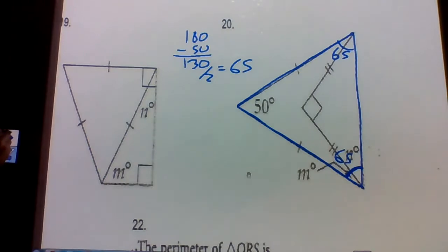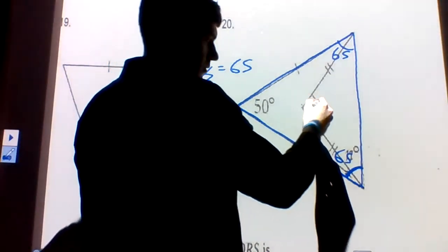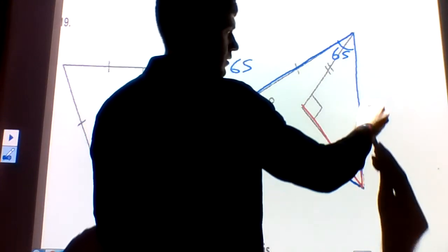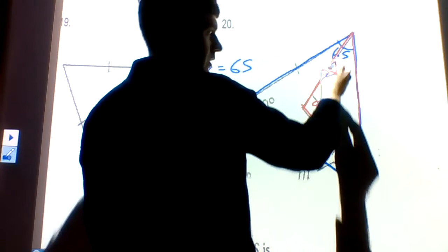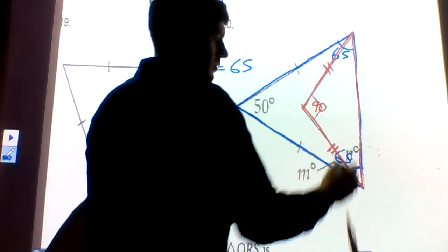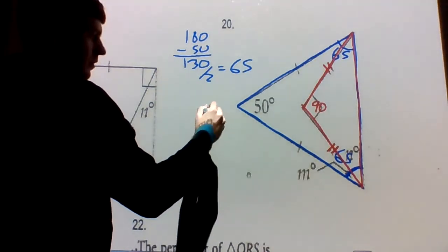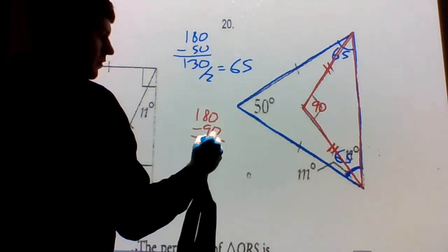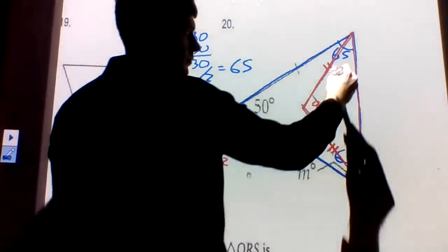Now we can look at the small triangle. Okay, this one right here. Okay, it's 90 degrees here, and it's isosceles. So we can do 180 minus 90 divided by 2. We get 45 and 45.